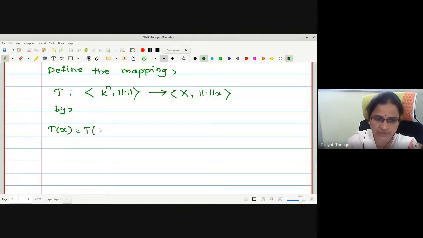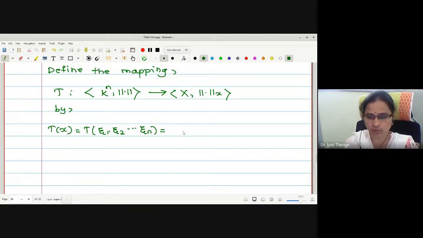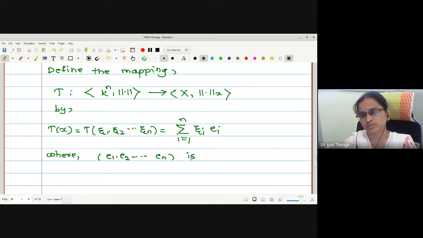But what is x we have written? An n-tuple vector zeta 1 to zeta n. Okay. N-tuple vector zeta 1 to zeta n, and we were going to define this as summation i equals 1 to n zeta i eta i, where these etas are the basis for x.